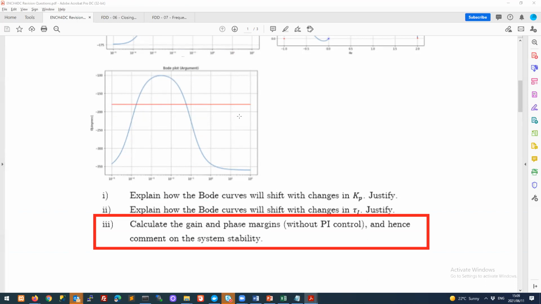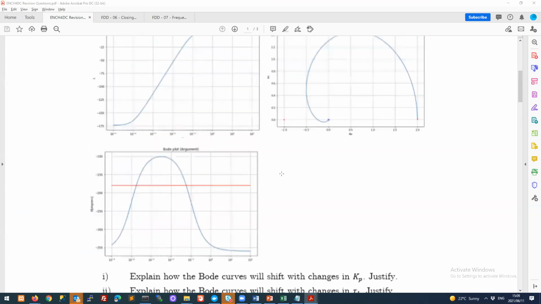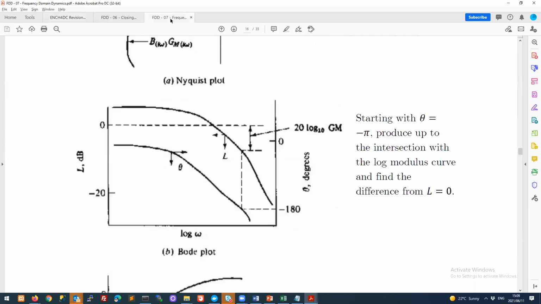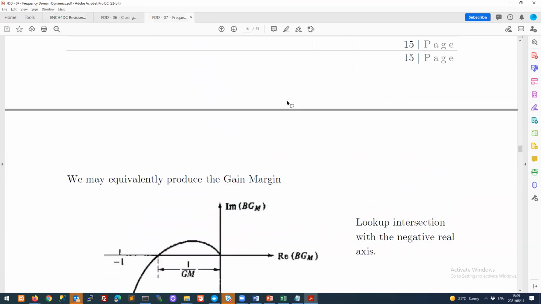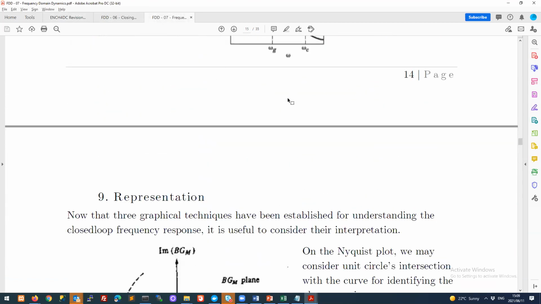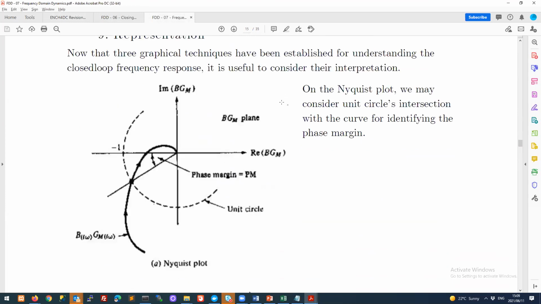Thank you. Okay, sure. Okay, so in fact, before we look at this exact question, let's have a look at calculating gain and phase margin in general. So you'll find in the notes here that this is the concept, right? It's all about looking at how close we are to this -1, 0 point, right?